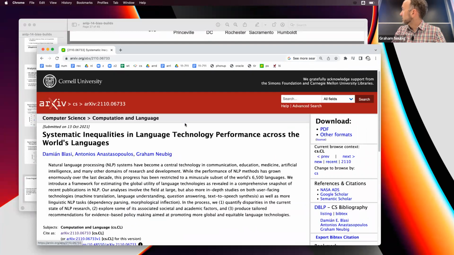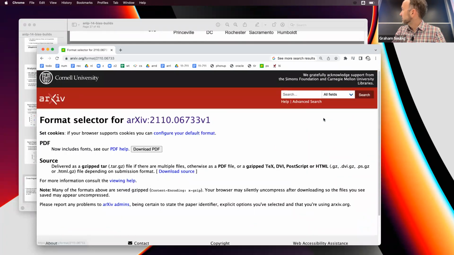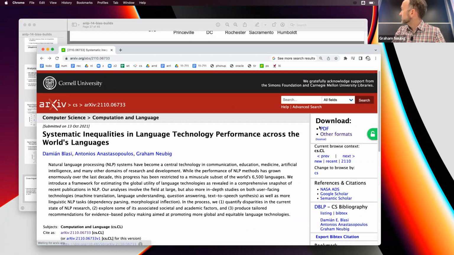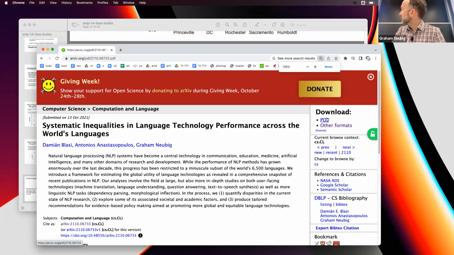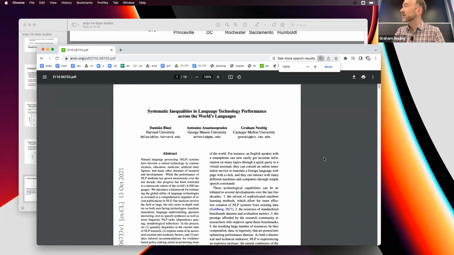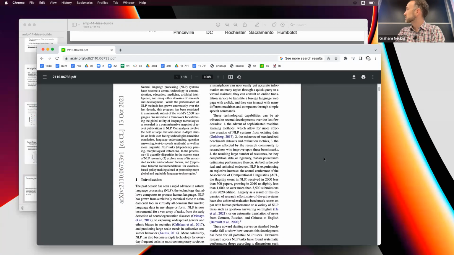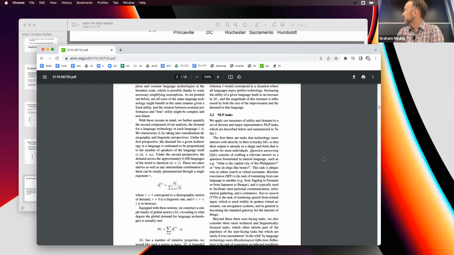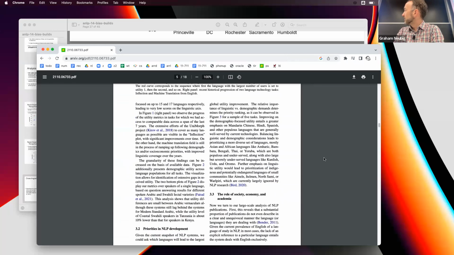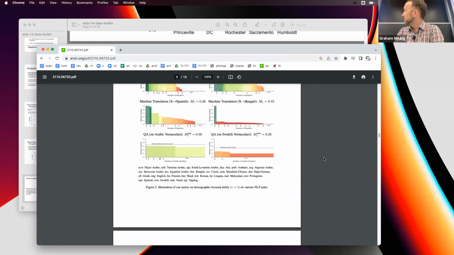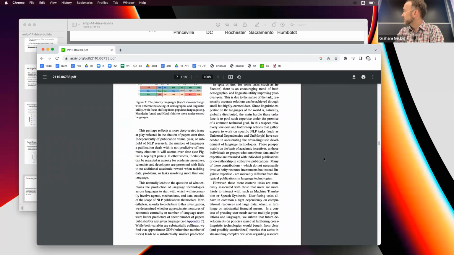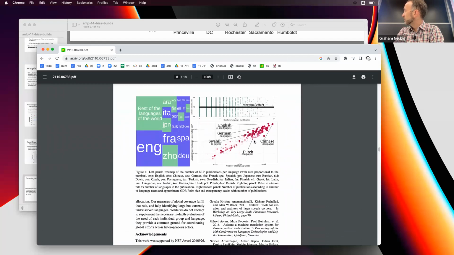Another thing that we talked about in this paper is what factors impact whether natural language processing research is done on a particular language. One of the key graphs from the paper is this one.